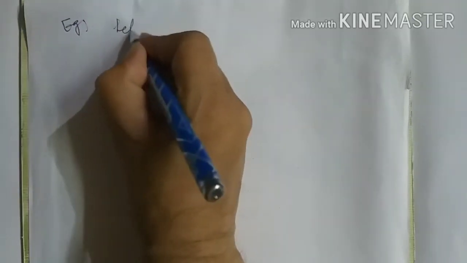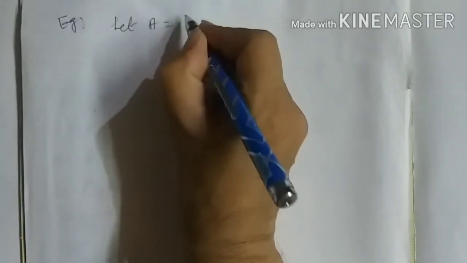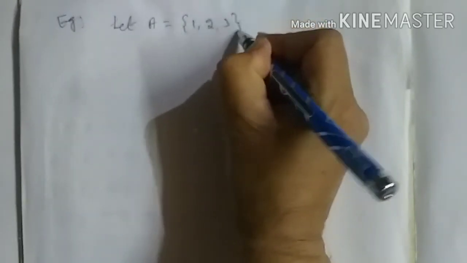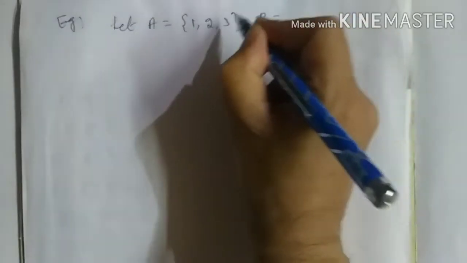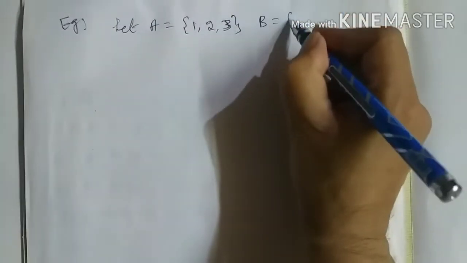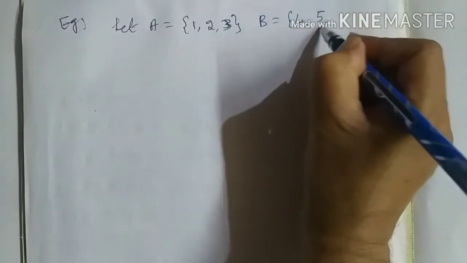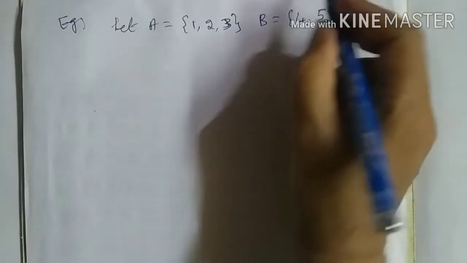Example: let A = {1, 2, 3}, B = {4, 5, 6}.